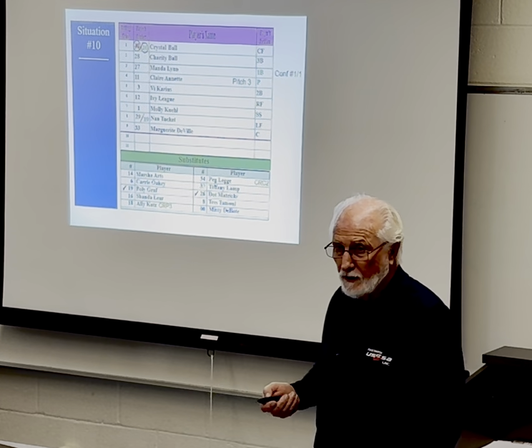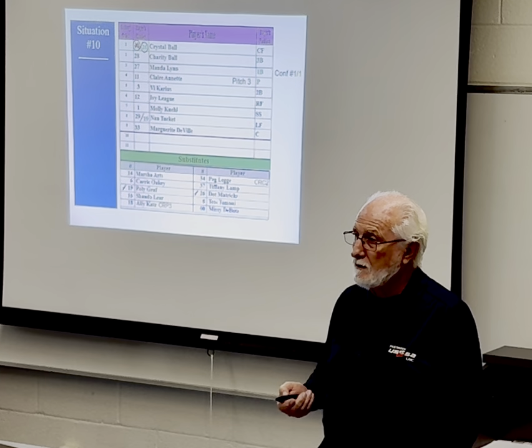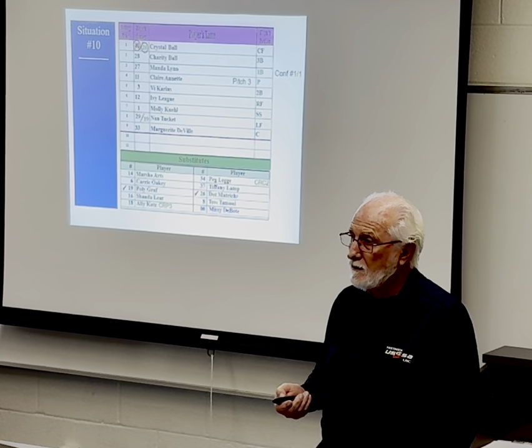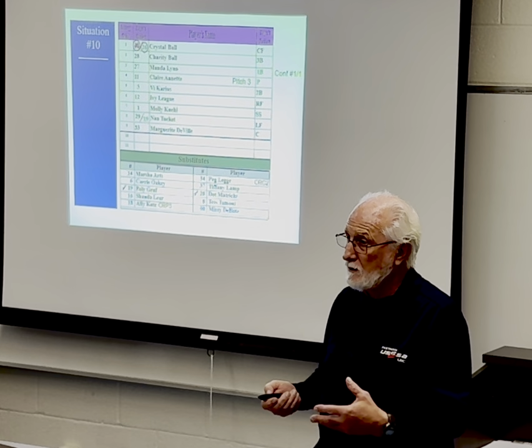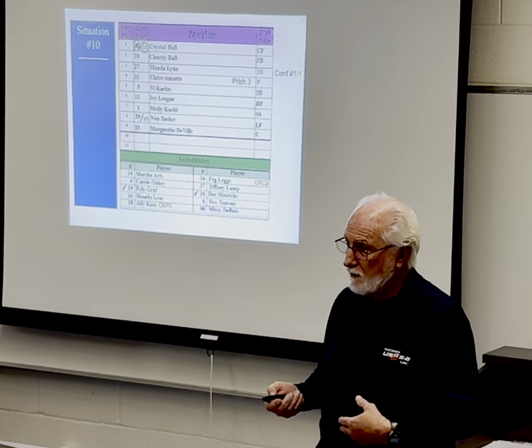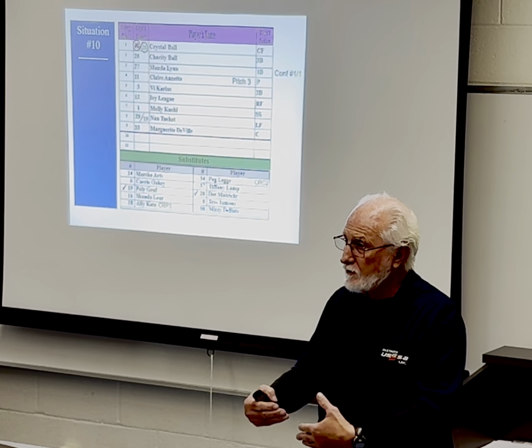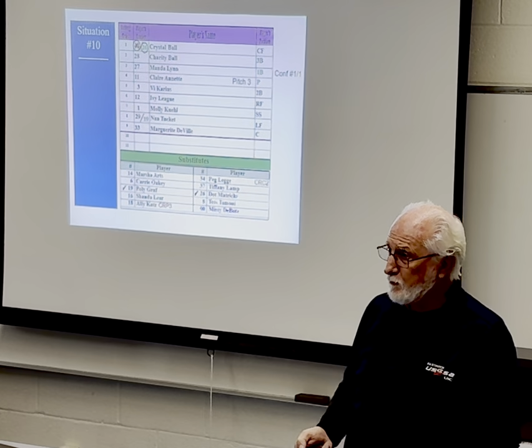Question: if Missy was not listed as a substitute, can she still play? Yeah. If she wasn't on the lineup card and then she shows up later, it would still have been wise for you to go ahead and put her down as a substitute. You put her down as a substitute, and now she's eligible to be playing in the game.